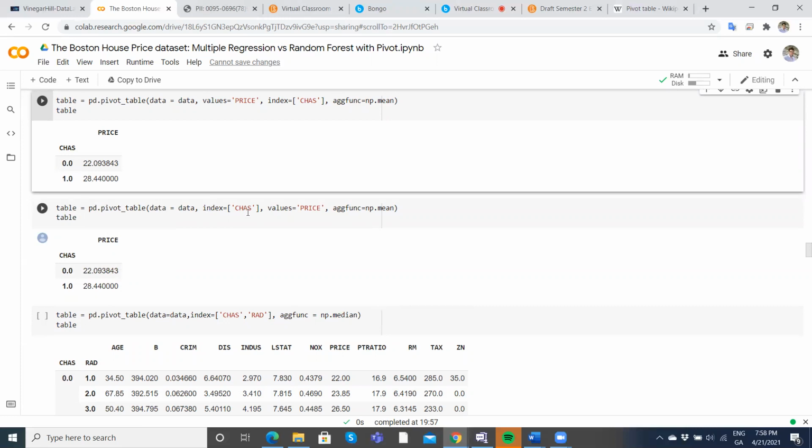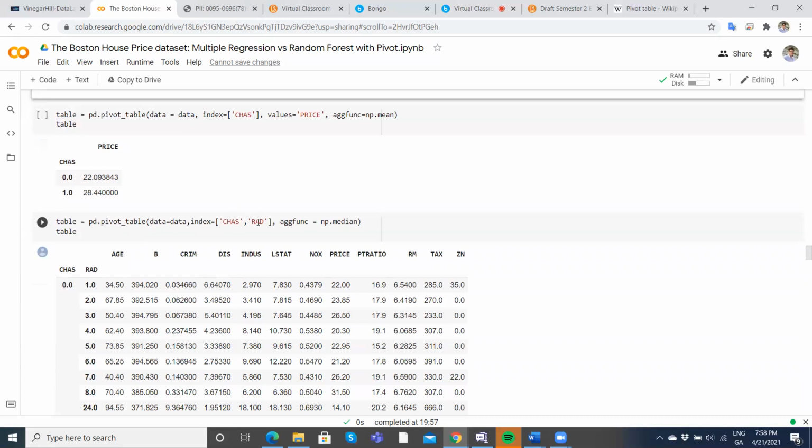Again, we could create the index for Charles River, but also remember RAD is the access to radial highways. If you have good access to infrastructure, typically you would say that's good because better infrastructure, better roads enhances your quality of life.